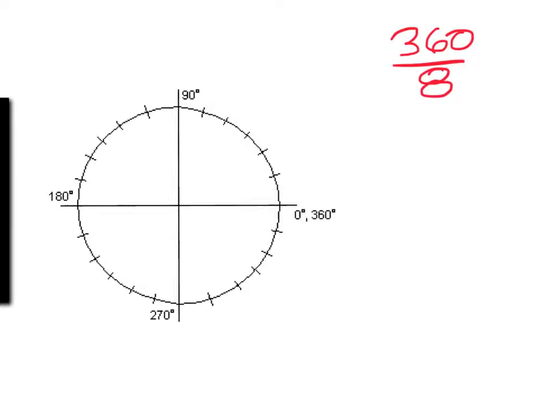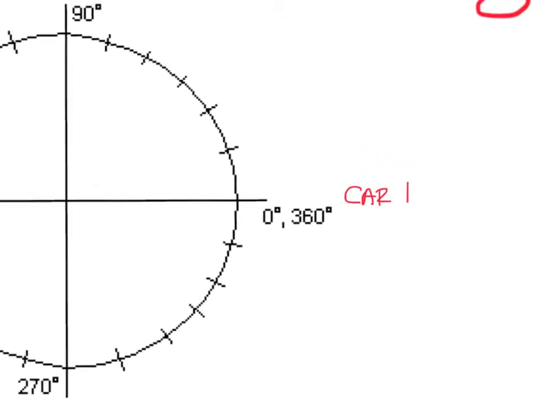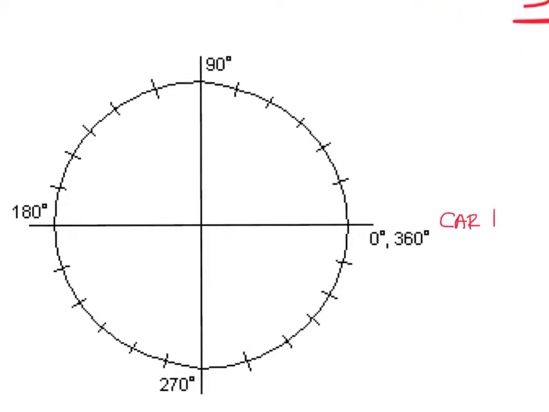So 360 divided by 8 comes out to be 45. So that means starting here, we can make this car 1. And then we have to go 45 degrees in order to get to car 2.